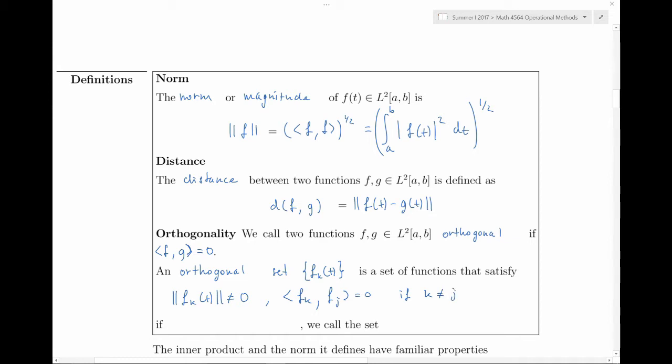The range of values for k may be finite or may be infinite, so I'm not going to specify the range of values here. We should understand that once we establish the range of k, these properties should apply for every k and j within that range of indices. If norm of each fk is equal to 1, then we call such a set orthonormal.